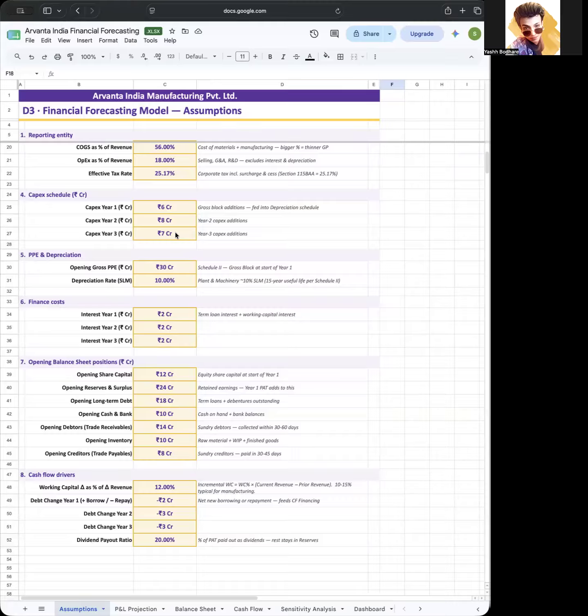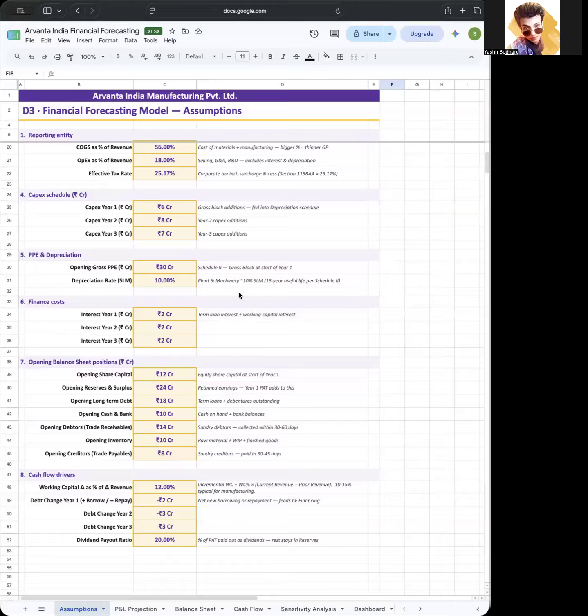So for Arvanta India, PPE may include factory buildings, plant and machinery, production equipment, electrical installations, furniture and fixtures, and computer and manufacturing systems. The term gross means the value is shown before accumulated depreciation. PPE is important because manufacturing companies depend heavily on physical assets to produce goods and generate revenue.